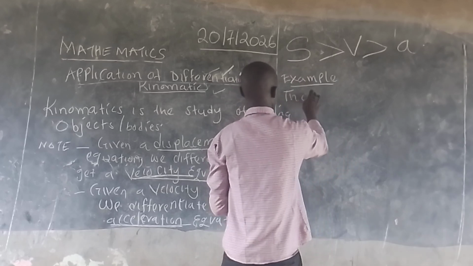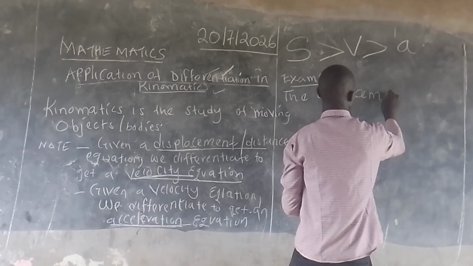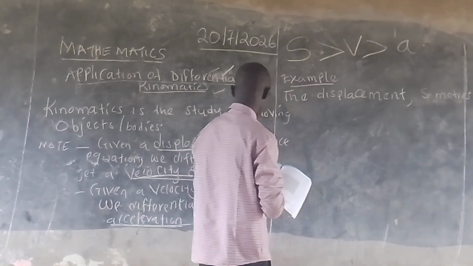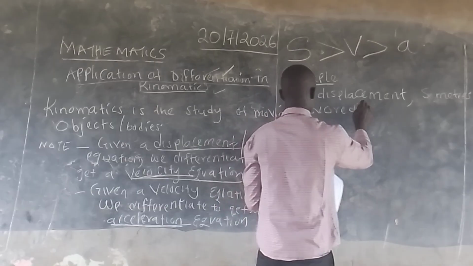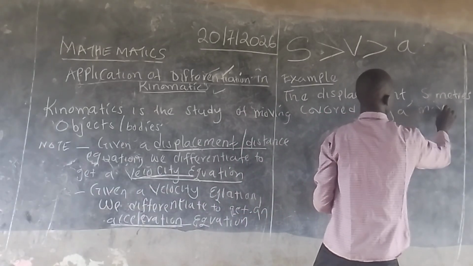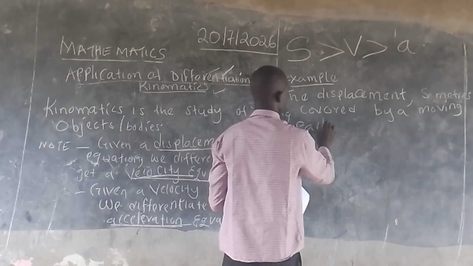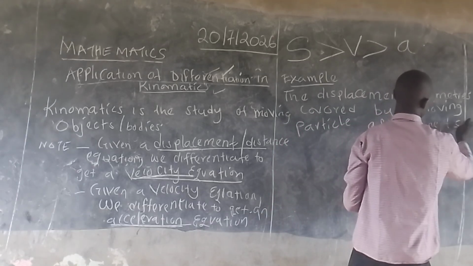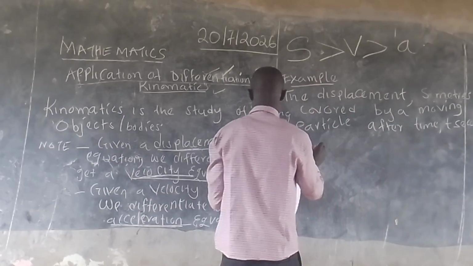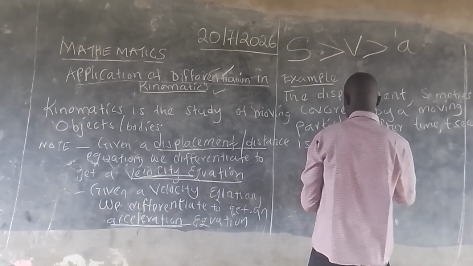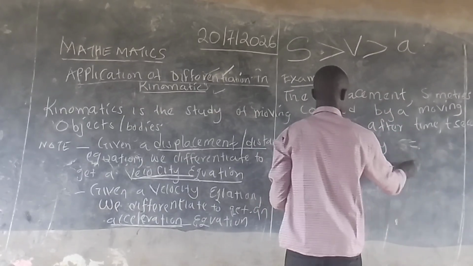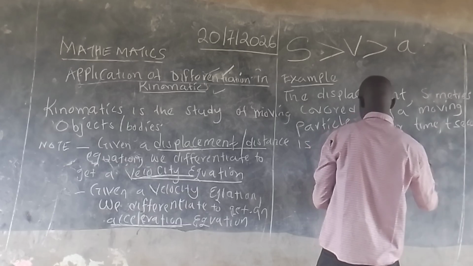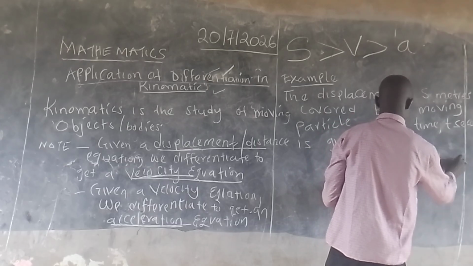Say that the displacement, s meters, covered by a moving particle after time t seconds is given by s equal to 2t cubed plus 4t squared minus 8t plus 3. Remember, displacement is given in meters.